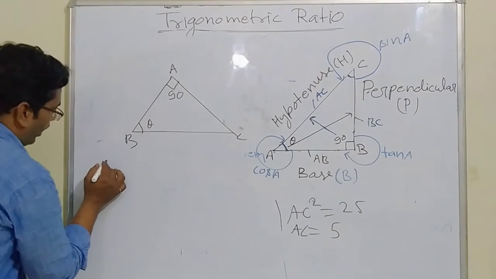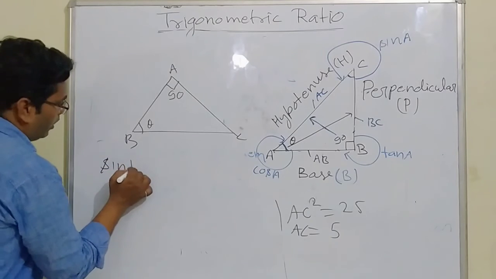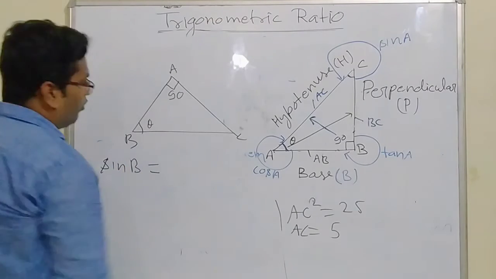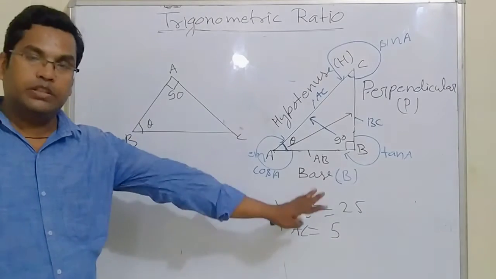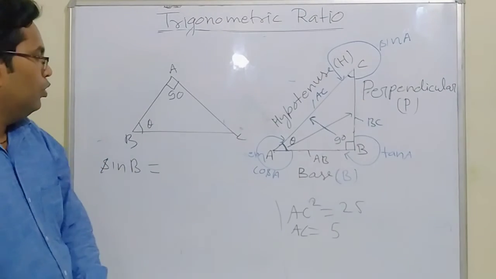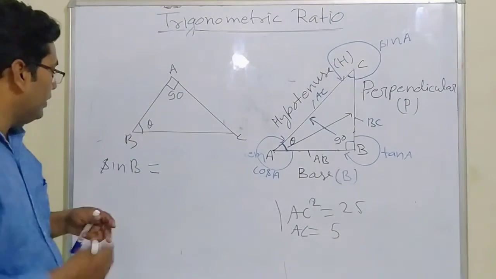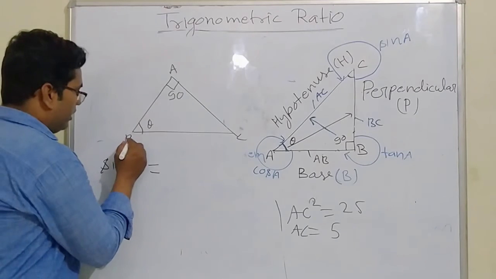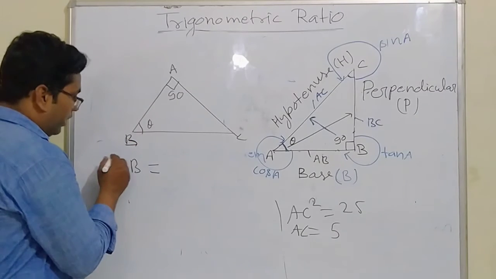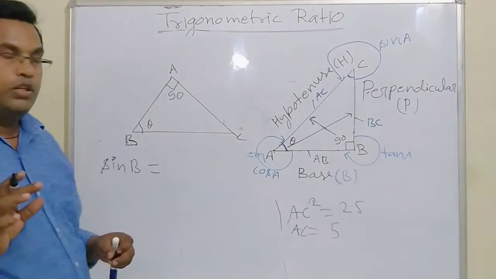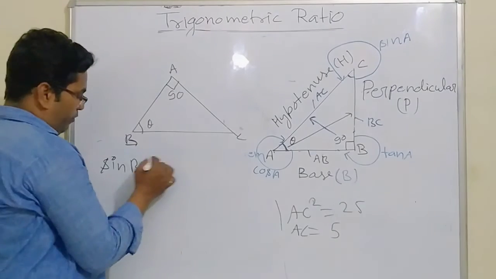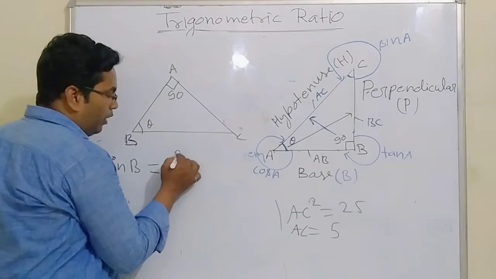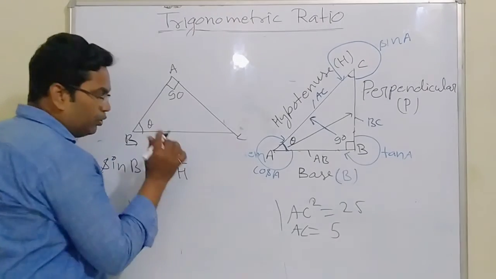If we want to write sin B, then what is the formula? We learn all this. So if you want to write sin B, see, I tell you, sin B is equal to perpendicular upon hypotenuse.